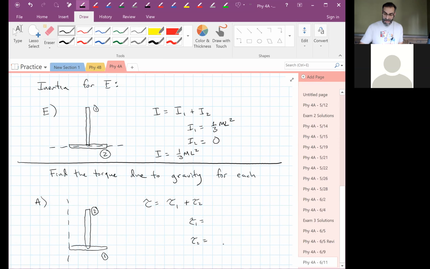The center of mass. These objects are just being released from rest. And we will know what the acceleration is in a minute. Let's not get ahead of ourselves.